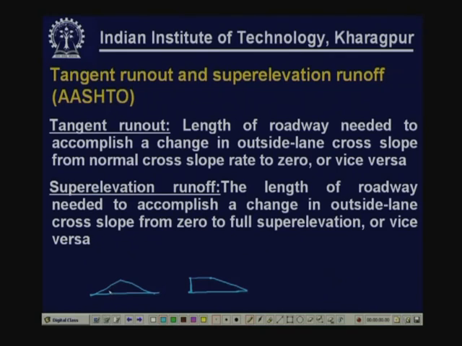This change is done over a length of curve and that part is known as tangent runout. So, tangent runout is the length of roadway needed to accomplish a change in outside lane cross slope from the normal cross slope, as indicated here, to 0.